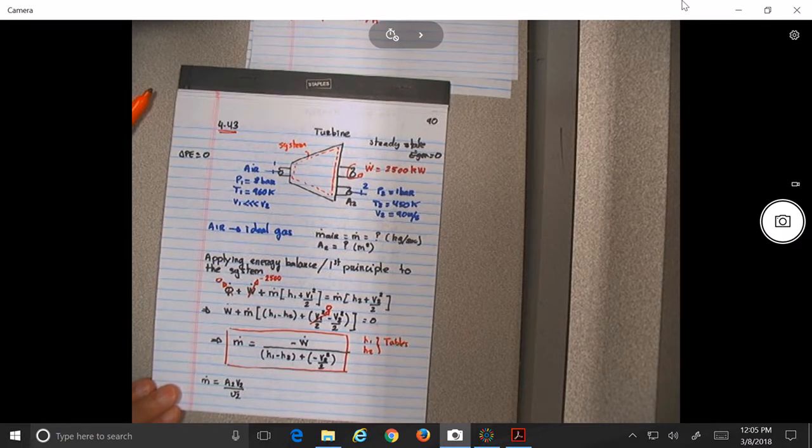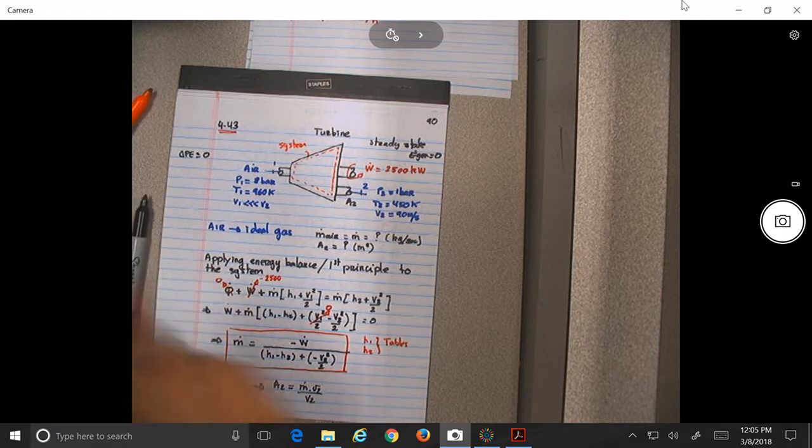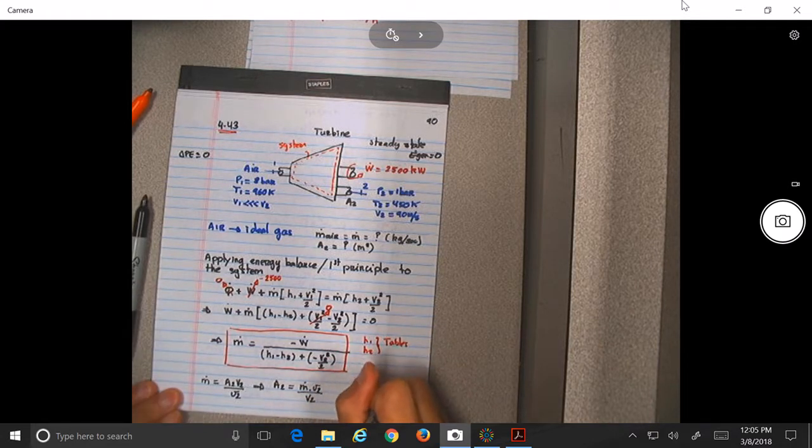By definition of the mass flow rate. So over here, you solve that A2 will be equal to what? M times v2, the specific volume, divided by the velocity. From where do you get v2? The tables, no?